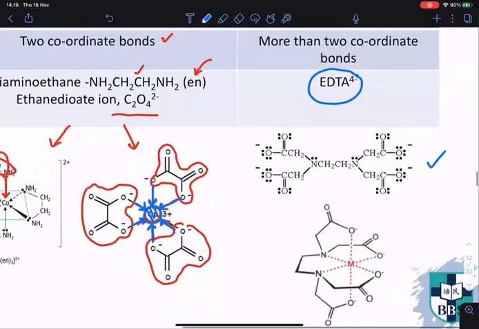There are going to be a lot of lone pairs over here. The ends that will be involved in the dative bonding are this end, and this end, and this end, and this end. Each one EDTA molecule can form 6 dative bonds to this one particular element.